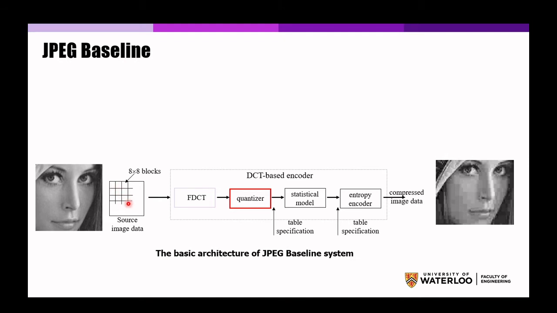As is well known, the human vision system is more sensitive to low frequency than to high frequency. Then the next stage, which is called quantization, will take care of removing some of the high frequency components.